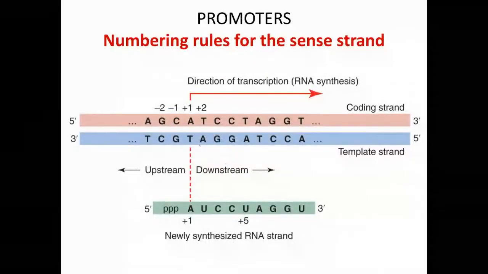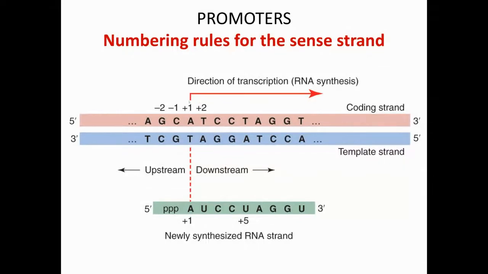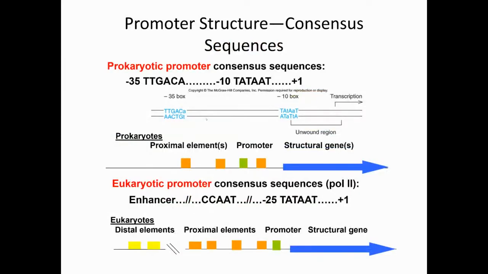And then the numbering rule, as I said, the first nucleotide they transcribe will be +1, right? And then downstream, +2, +3, and before that, -1, -2. All right, so remember this numbering, plus and minus. This is relevant because of the promoter.